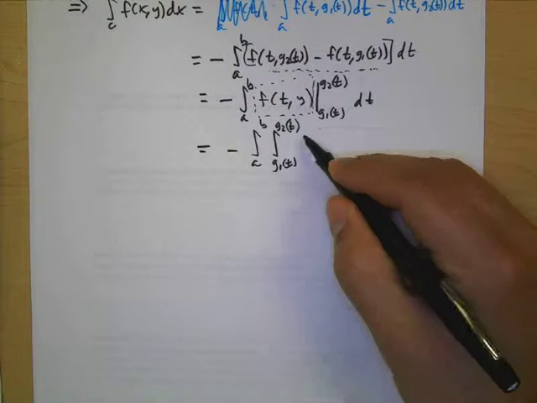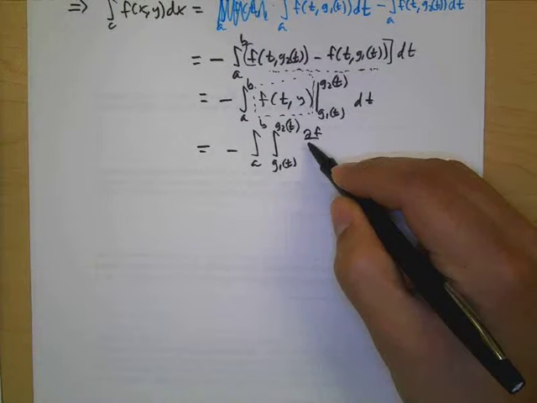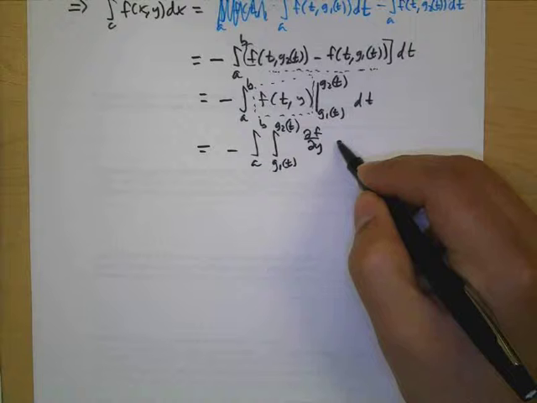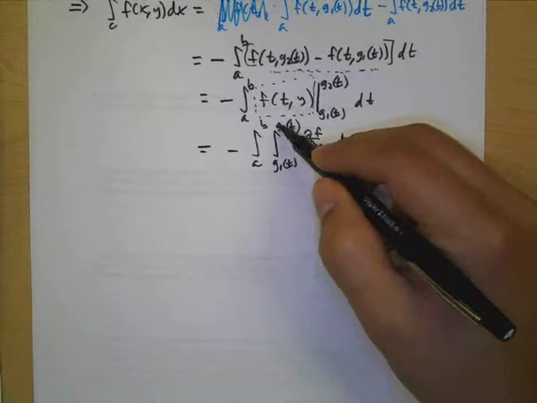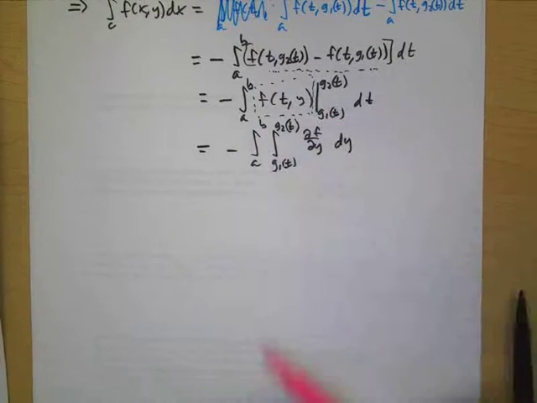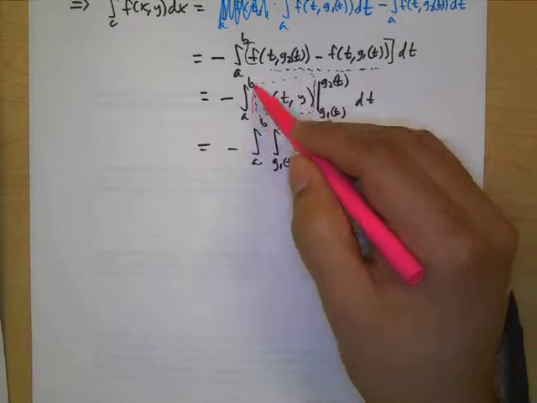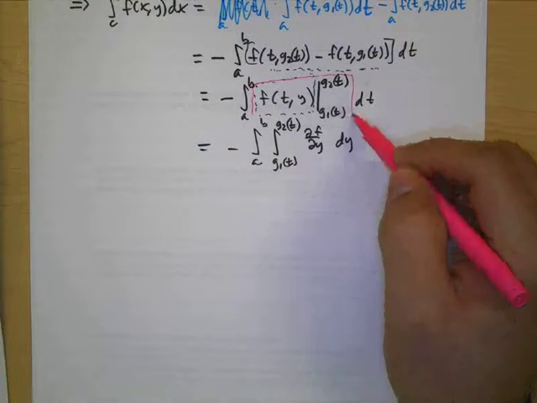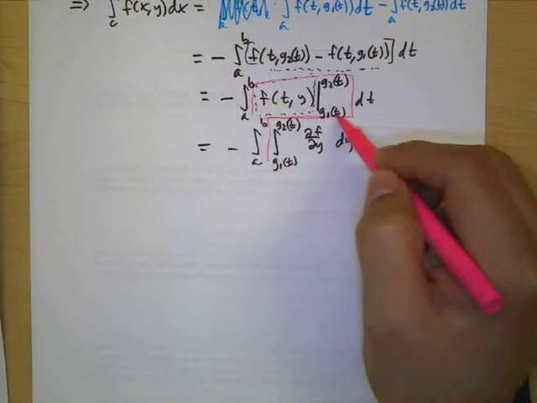So that means in here we had something like partial f partial y dy. So now this part turns into this.